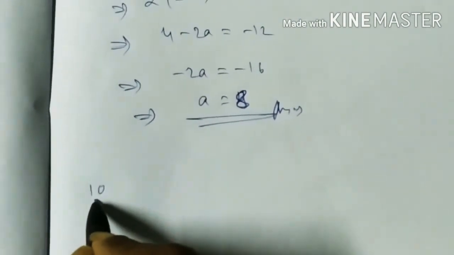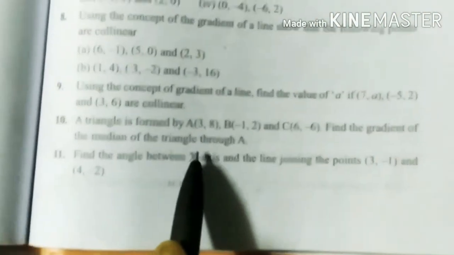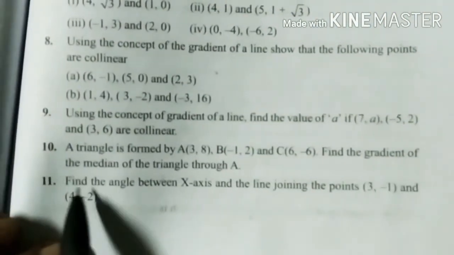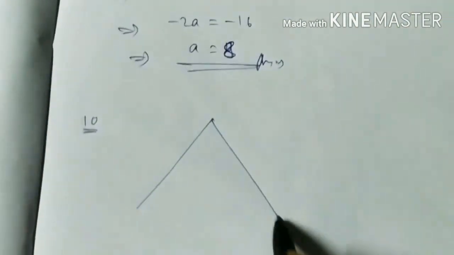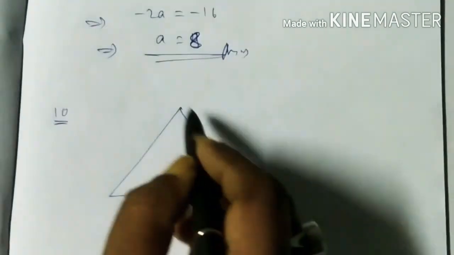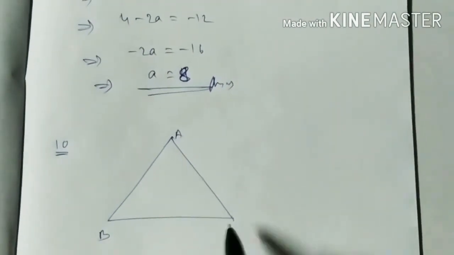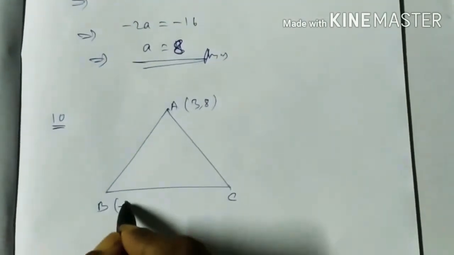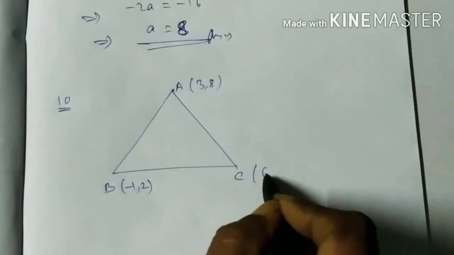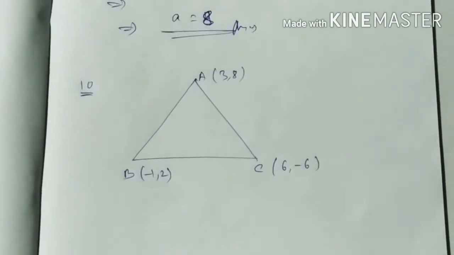Question number 10. A triangle is formed by the points given. Find the gradient of the median of the triangle through A. So see, this is the triangle A, B, C: 3 comma 8, minus 1 comma 2, 6 comma minus 6.